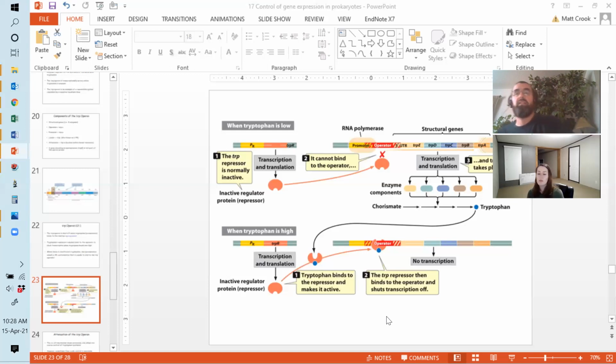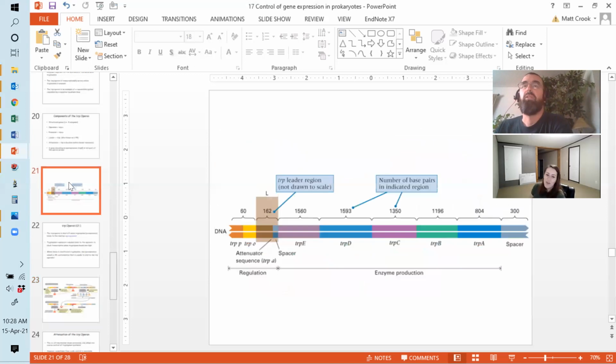And that dummy sequence actually has a proper name, obviously, because we're not allowed to call things dummies in science. That's kind of rude. It's called the leader region. Just between the operator and the first structural gene, trpE, is a region called the leader region.